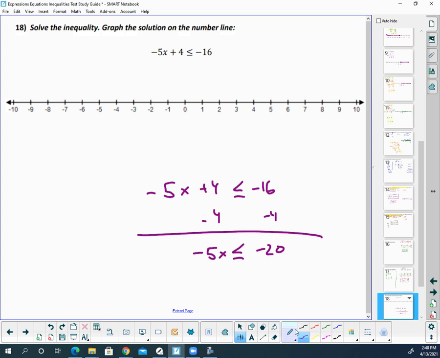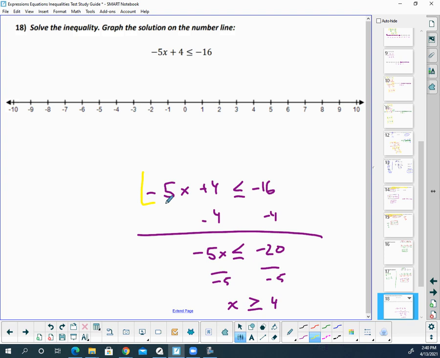To get x by itself, I need to divide both sides by -5. -5x divided by -5 is 1x. -20 divided by -5 is +4. And because I divided both sides by a negative, the inequality changes direction, so it becomes x is greater than or equal to 4.